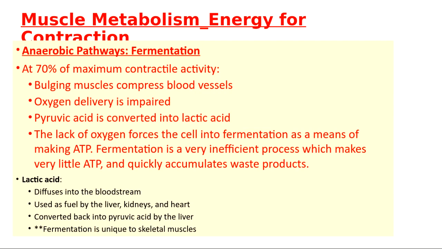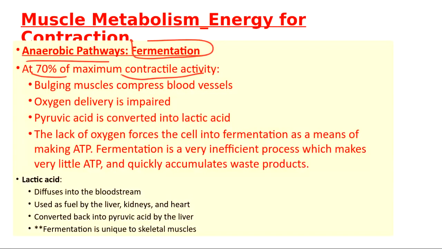Another mechanism, this one is again unique to skeletal muscles. In this mechanism, fermentation takes place. This is an anaerobic pathway. And what happens is when a muscle is creating tremendous amounts of force and it contracts at about 70% or more of its contractile activity, blood vessels are constricted and there is less blood flow, therefore less oxygen delivered to skeletal muscle cells.